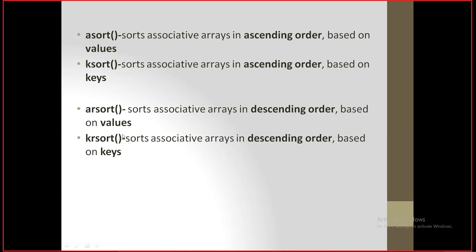Similarly, in case of krsort, we are going to arrange the associative arrays in descending order, but on basis of what? On the keys, right? Fine. So you can try examples. You can take associative arrays and then use asort and ksort, followed by arsort and krsort. Right? You can try it later.